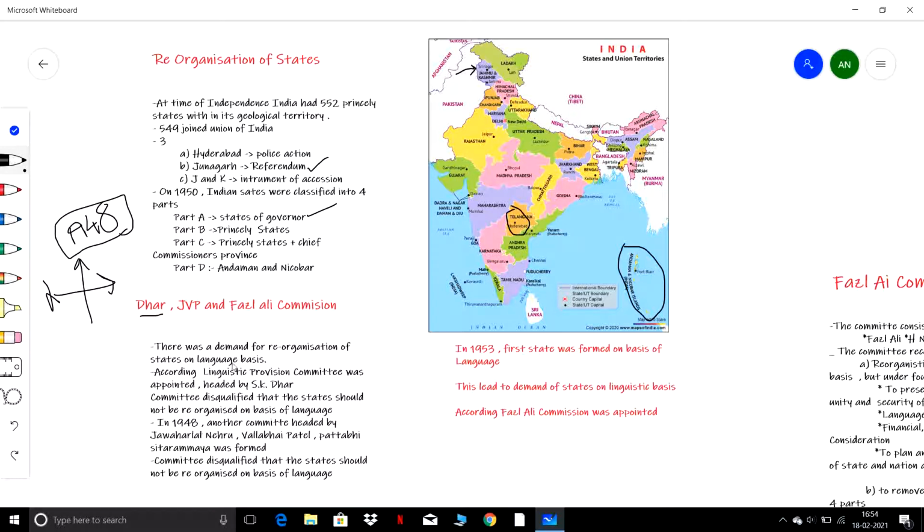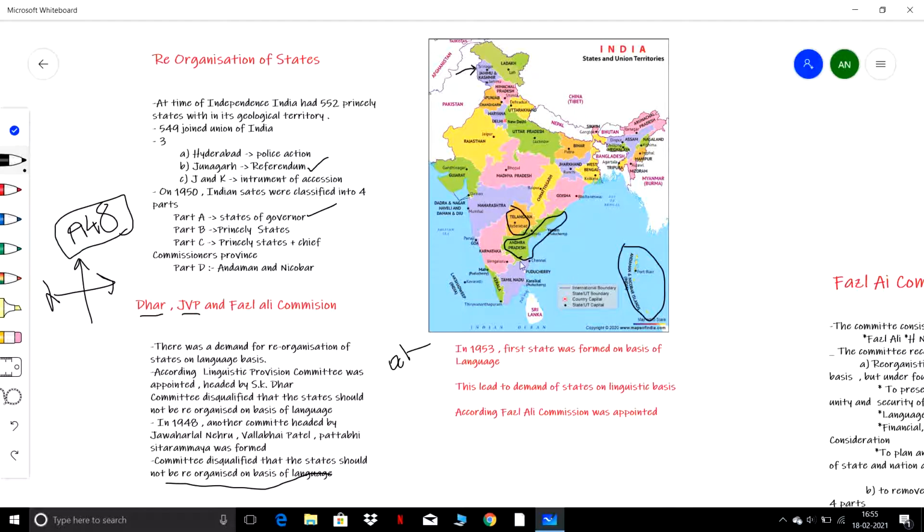In 1948, again the JVP committee was appointed: Jawaharlal Nehru, Vallabhbhai Patel, and Pattabhi Sitaramayya. This commission also rejected the concept of having language as a basis for the formation of states. Now let's come to what happened in 1953. In October 1953, the first state was formed on the basis of language, that is Andhra Pradesh, by separating Telugu speaking areas from Madras state.